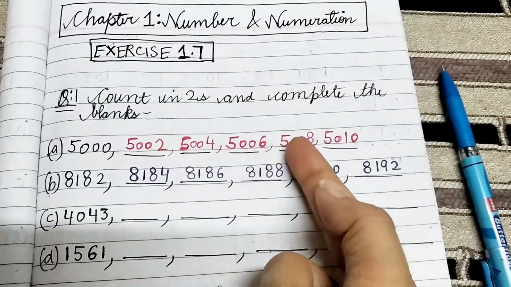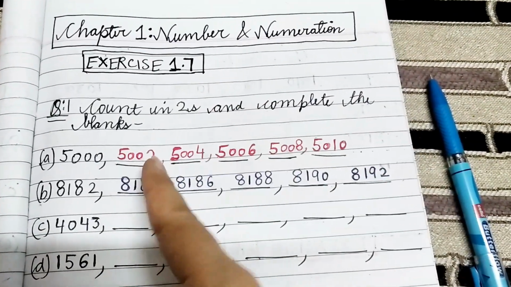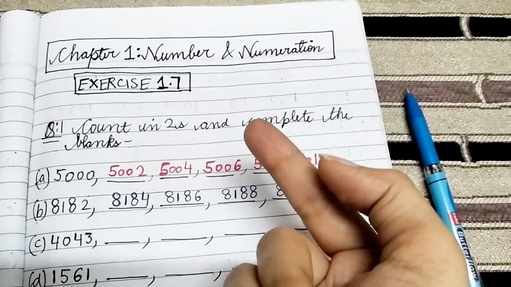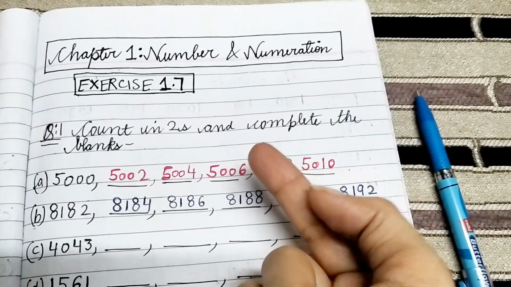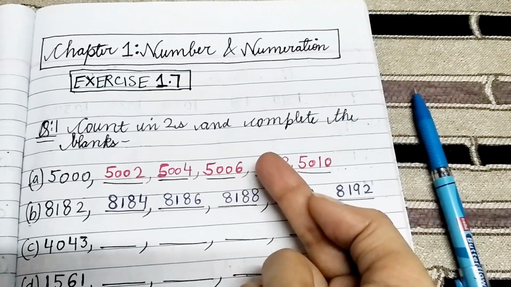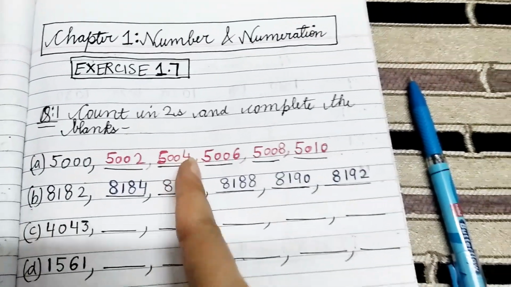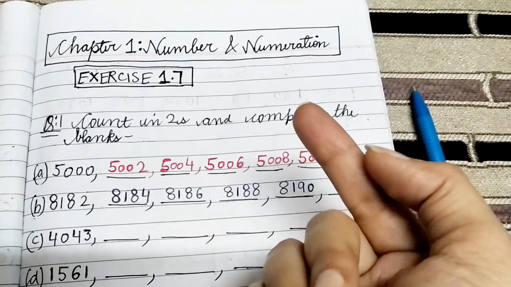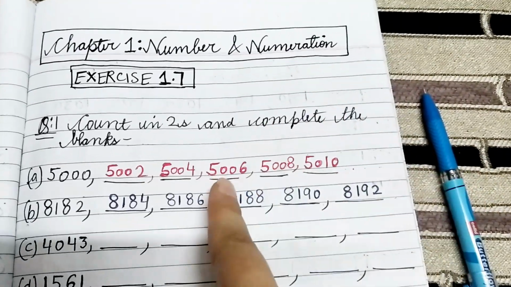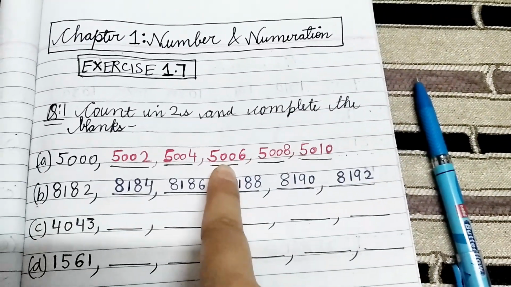Now again proceed. 5,002, 5,003, 5,004. That means at second place again you are getting 5,004. So you will write this number. Again proceed from this number. 5,005, 5,006. So you will write 5,006 in the third blank.